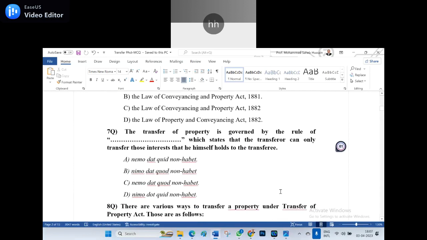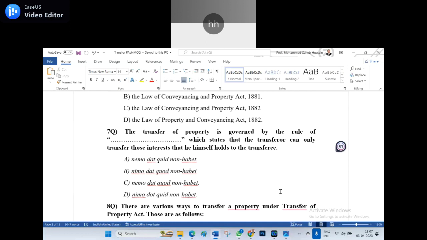Yes. The seventh question. The transfer of property is governed by the rule of dash, which states that the transferor can only transfer those interests that he himself holds to the transferee. And the maxim is: A. Nemo dat quod non habet. B. Nemo dat quod non habet. C. Nemo dat quod non habet. D. Nemo dat quod non habet.